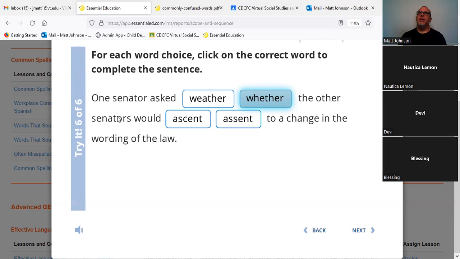Ascended. Yeah, ascended would be the past tense. So ascent is part of that present. Or assent, A-S-S-E-N-T. So that means to confirm, I suppose, or agree with. Dissent, right? There's a good way to remember that. D-I-S-S-E-N-T is when you do not agree.